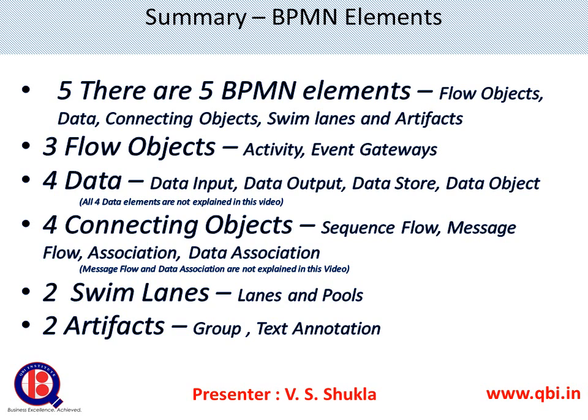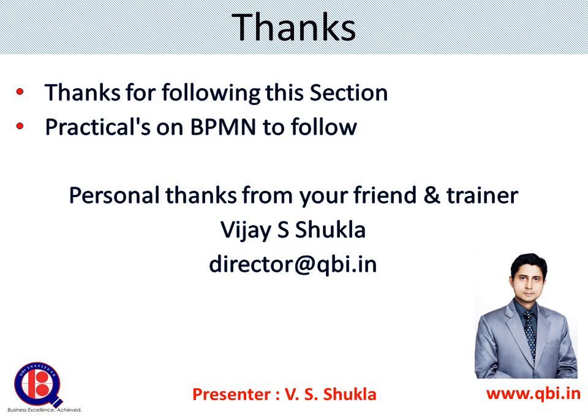They are sequence flow, message flow, association, and data association. There are two kinds of swim lanes: lanes and pools. Two types of artifacts: group and text annotation. This section has introduced to you what we call BPMN. Indeed, it is a very important area of knowledge and application for IT business analysts.